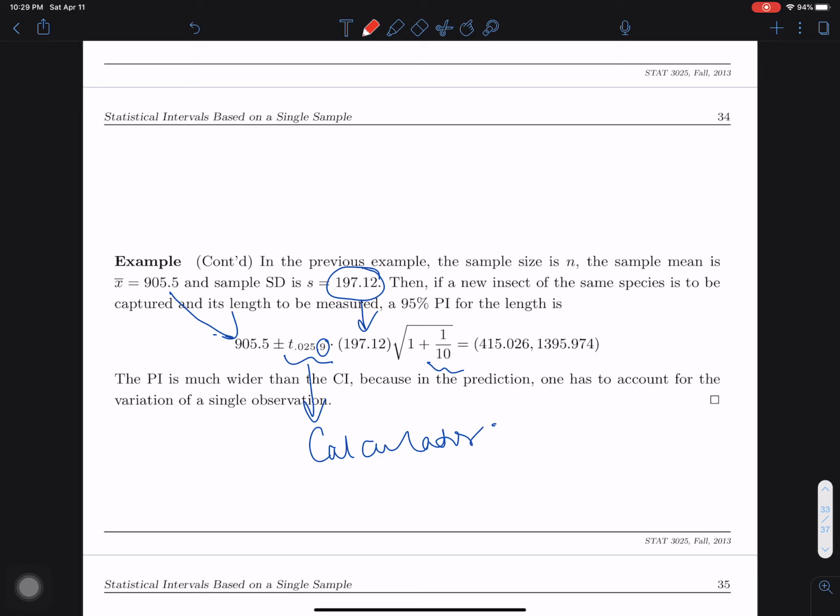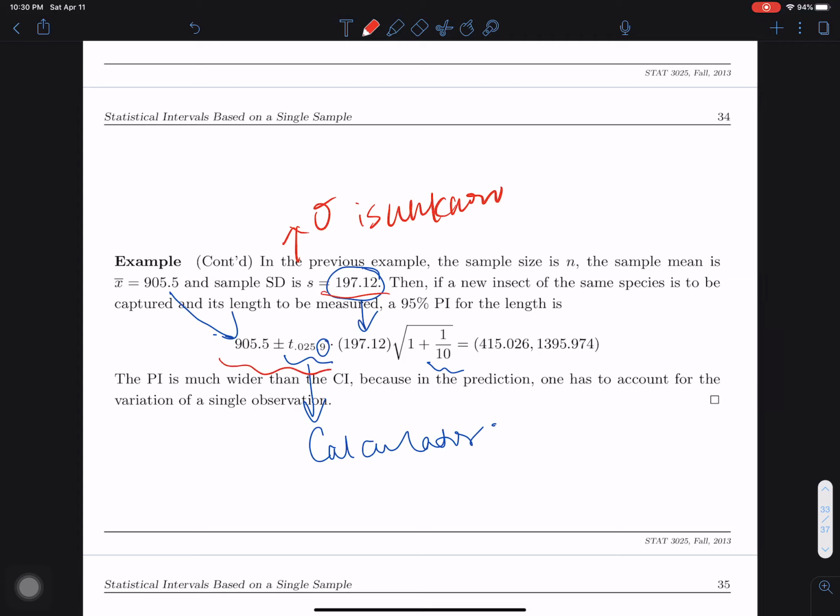So another example, now suppose we have x bar equal to 905.5, and here sigma is unknown. We only know the 197.12, which is the sample standard deviation. So we plug into the formula that calculates the confidence interval when the sigma is unknown.